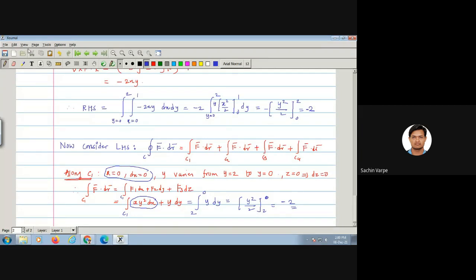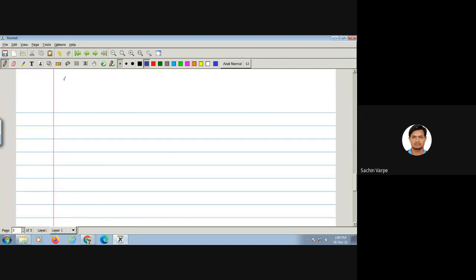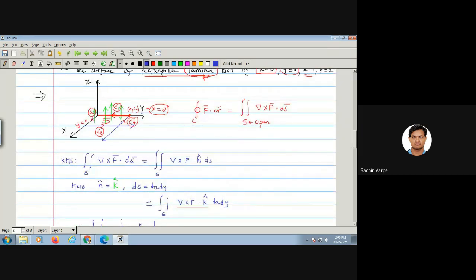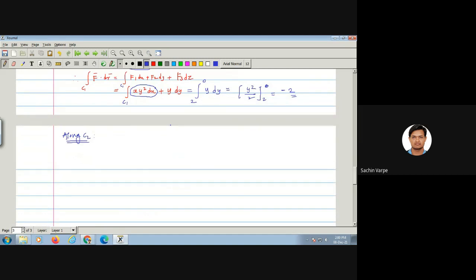Now calculate along C2. What will it be along C2? See here the curve. Along C2, the y component is 0 and x varies from 0 to 1. So along C2, y equal to 0, dy equal to 0, z equal to 0, dz equal to 0, and x varies from 0 to 1.